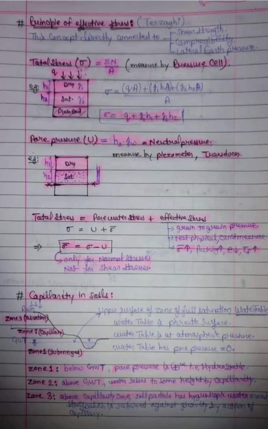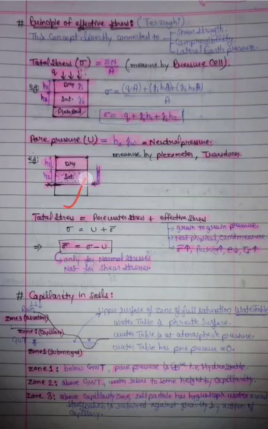Now the pore pressure will be measured as U equal to the depth of the soil layer h2 into gamma w, the unit weight of water. So this will be the pore pressure. The pore pressure is also called the neutral pressure, and it is measured by a piezometer or transducer.